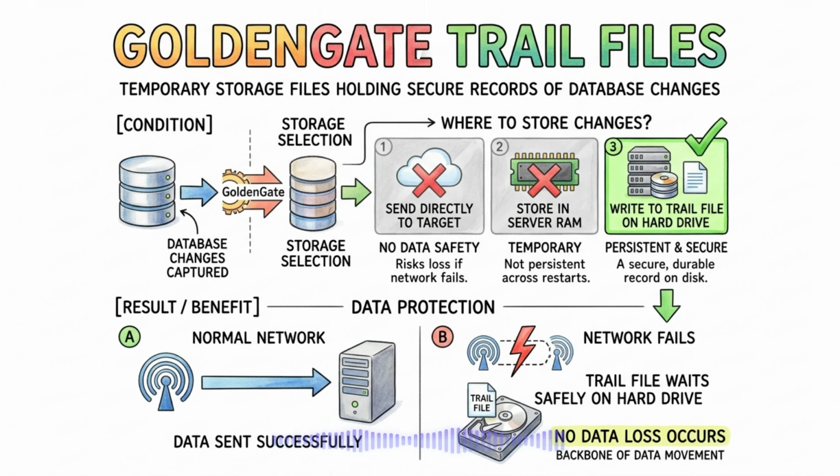And when data is sent across the network, it is read out of a trail file. These files act as a safety net, ensuring that if the network goes down, your data is never lost because it is safely waiting on the hard drive. You must know what a trail file is, as it is the absolute backbone of GoldenGate data movement.